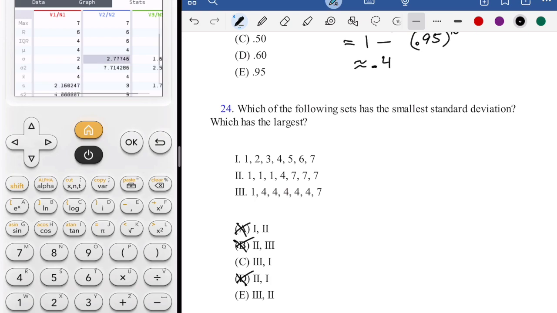That's pretty spread out. Not much more spread out than in the case of Roman numeral 1, but because you have a bunch of values on the high side and low side, that does support that. So it's going to be choice E.